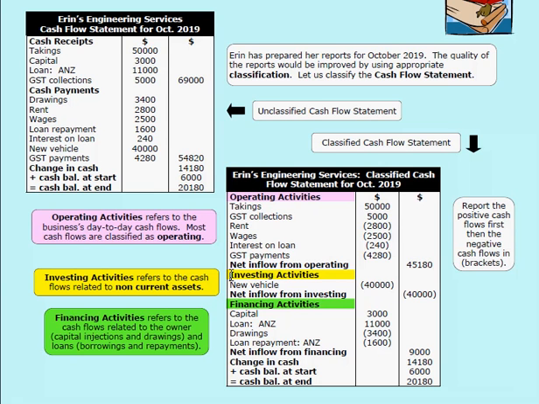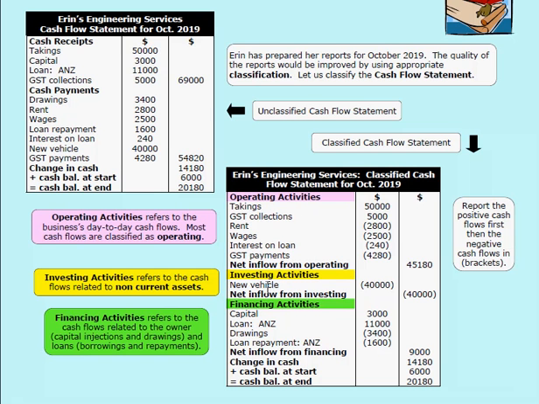The second category is investing activities. When you see that term investing activities, think non-current assets, because investing activities refers to the cash flows associated with non-current assets. That is, those assets that the business expects to hold for more than 12 months. In this business, there is only one item that would be classified as an investing activity, and that's the new vehicle.